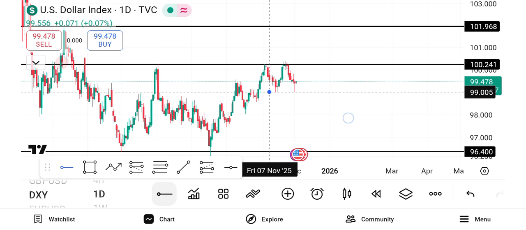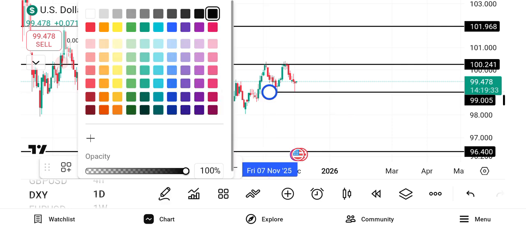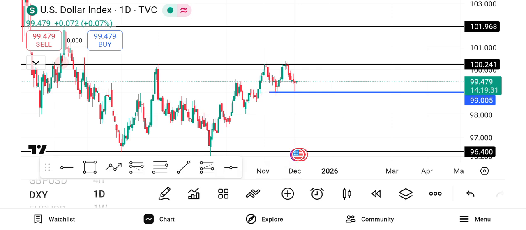From this low, you can see that the market has been unable to break the previous low, which still makes the trend valid. For as long as price is unable to break the low of this daily time frame, as long as the market is unable to break this support level, the dollar is still in an uptrend.